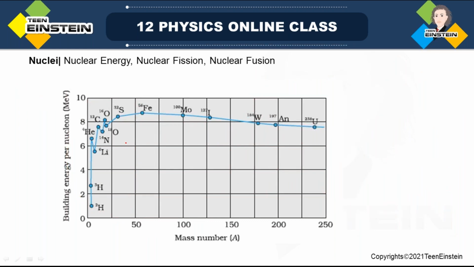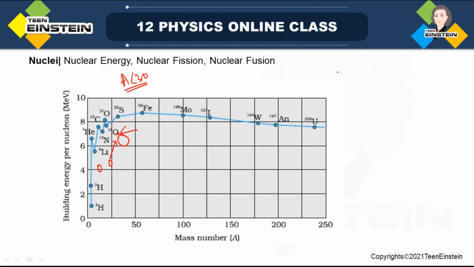Now go to the lower binding energy region, that means below A less than 30. In this region, if you take two light nuclei and fuse them to make a bigger nucleus, see the binding energy increasing here. So the stability increases, that means energy release will happen.